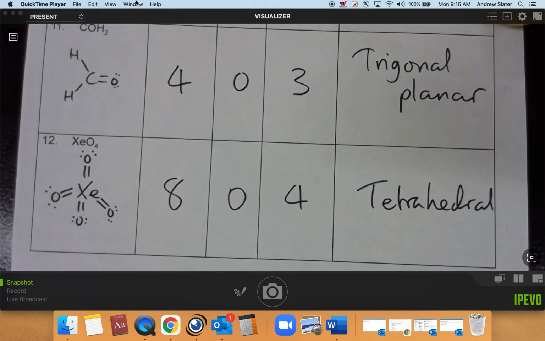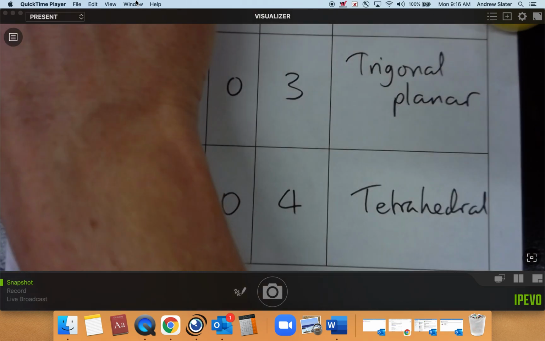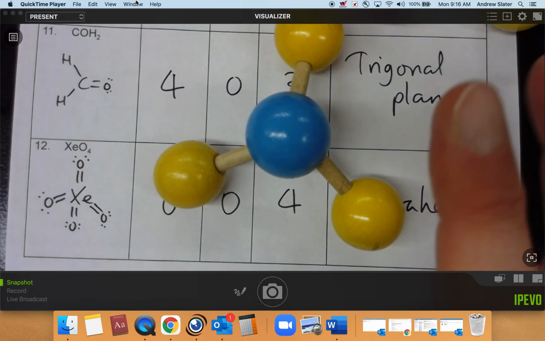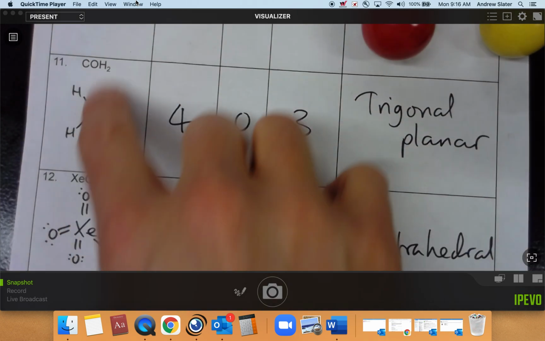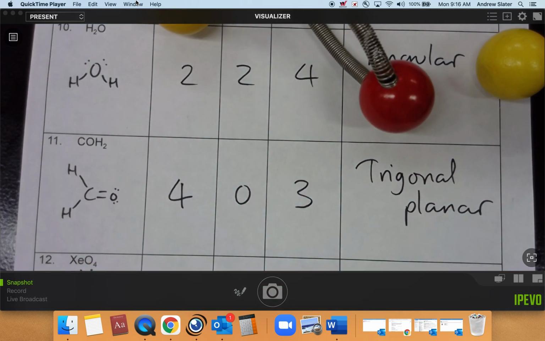So that's the idea of molecular geometry. The models really help. They're a little old school and beat up, but they do help you visualize it. Kind of the big takeaway is that you've got pairs of electrons around the central atom. They repel each other. They don't always repel evenly.